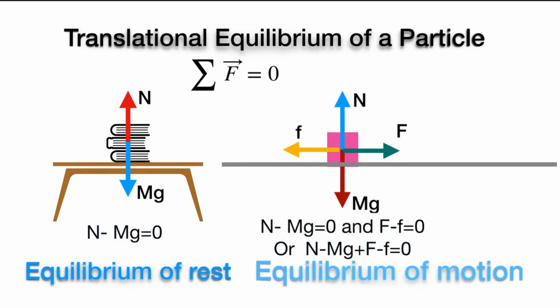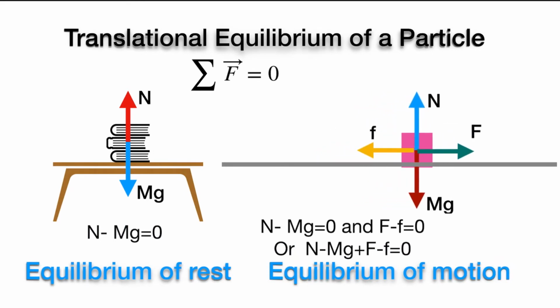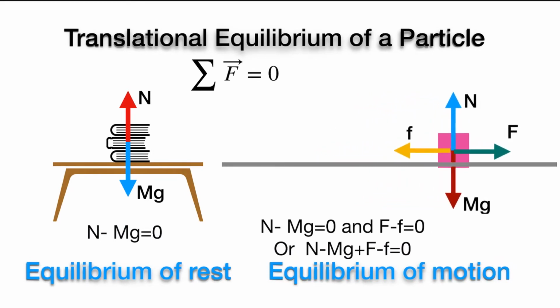In this case, the object is moving with a constant velocity where the forces in vertical and horizontal directions are balanced. So the net force on this object is again 0, and this type of condition is known as equilibrium of motion. Or we can say the particle is in equilibrium.